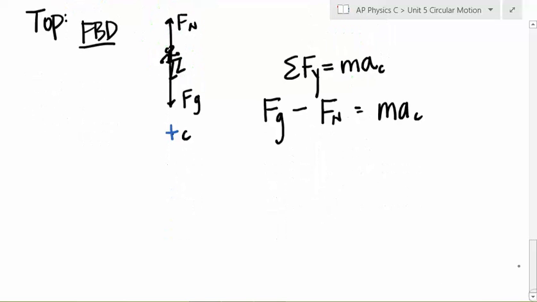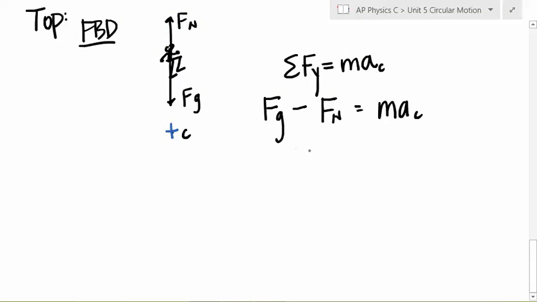Now, that means I could find the normal force. The normal force is your weight, or your apparent weight is what I really should say. So wouldn't this be F sub G, your actual weight, minus MAC equal to force normal? How do you feel at the top of a hill?